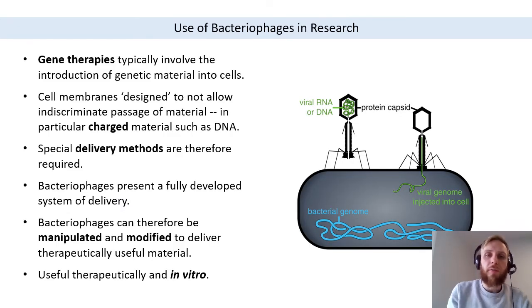Okay, so as we've said, bacteriophages are essentially genetically modifying the bacteria they infect. So it's really useful for us to potentially think about ways we can manipulate this process.